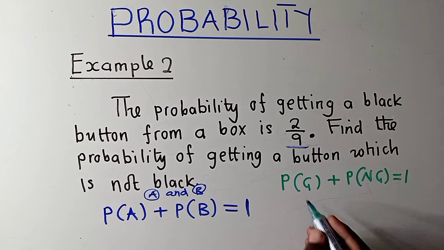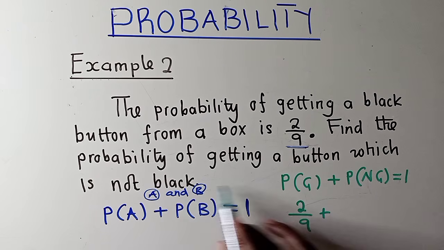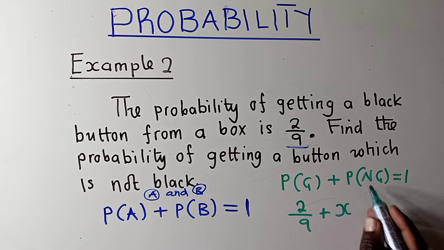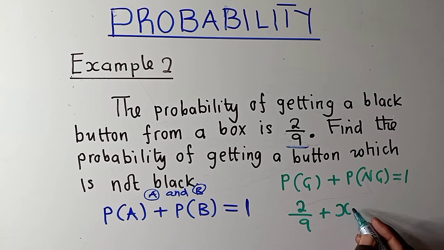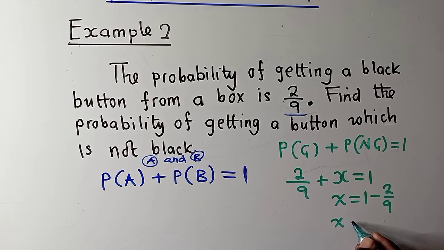So the probability of getting is 2 over 9 plus, what are we looking for? The probability of not getting. We don't know it, so we denote it by letter x, which is equal to 1. Now to solve, we'll group the like terms. Our next move will be to solve for x, which will be 7 over 9.